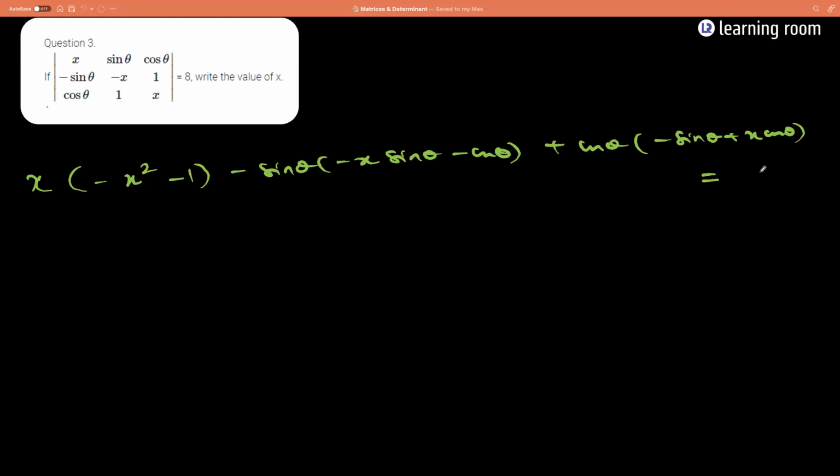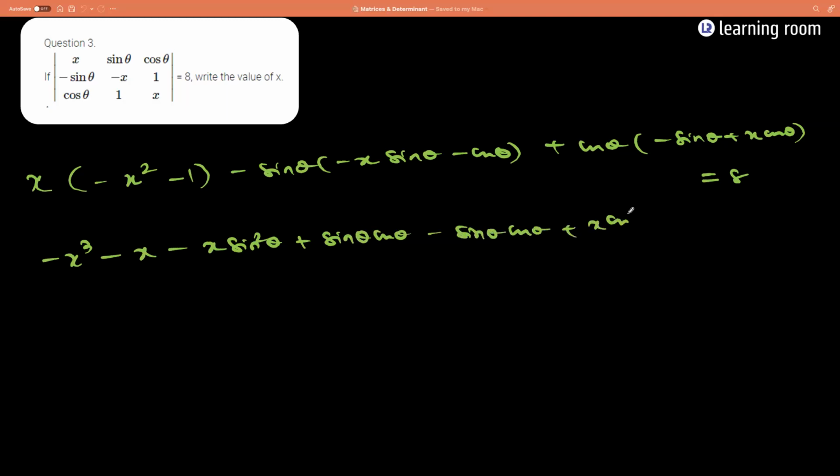This should be equal to 8. So minus x cube minus x sine square theta plus sine theta cos theta minus sine theta cos theta plus x cos square theta is equal to this, and this are gone.